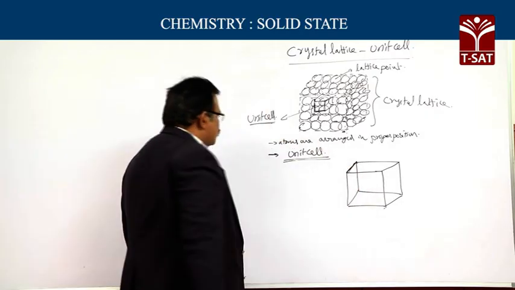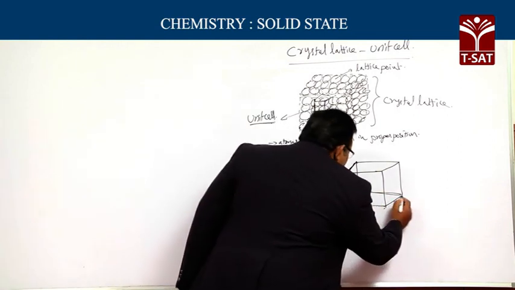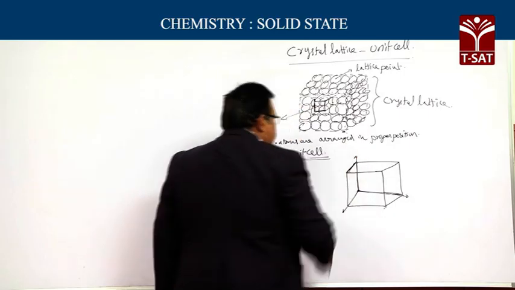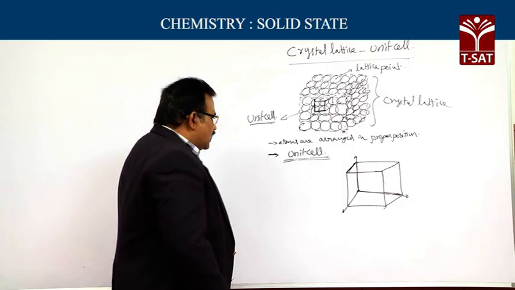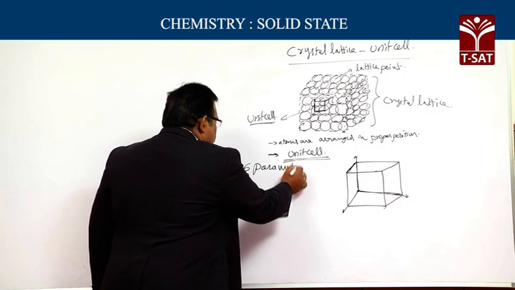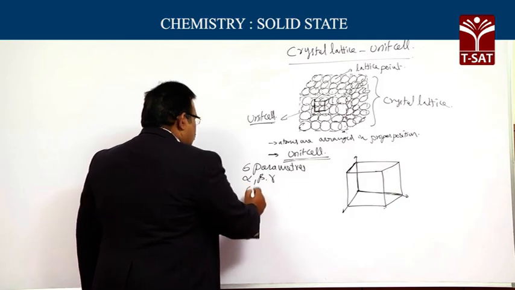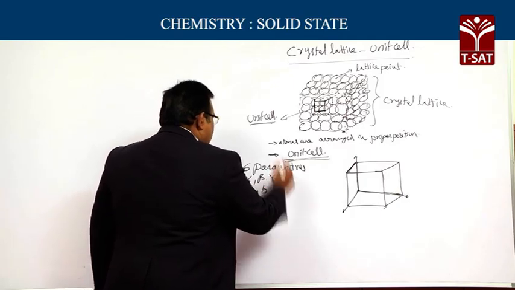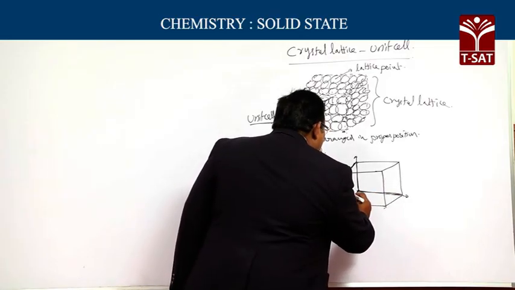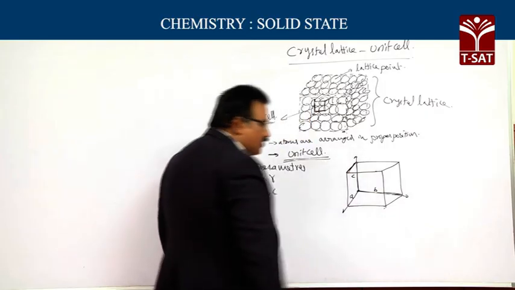In this, this is one face of the crystal, next face, another face. Unit cell is composed of 6 parameters: alpha, beta, gamma, a, b, c. This is a, this is b and this is c. a, b, c denote what?